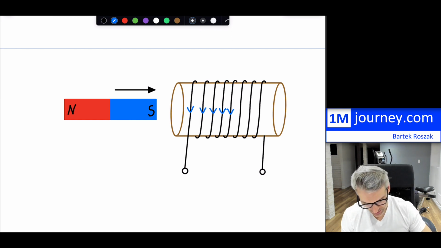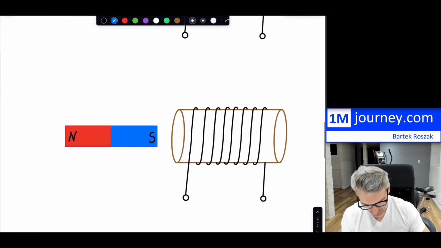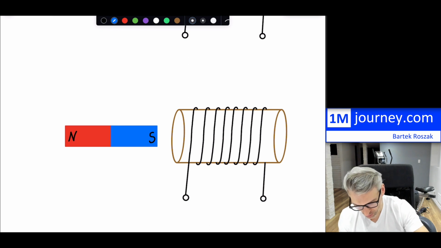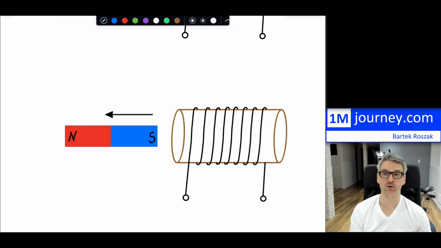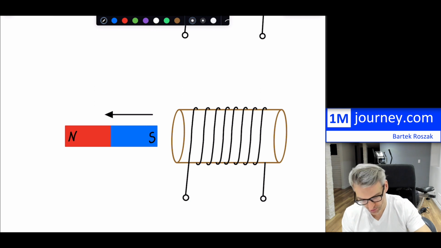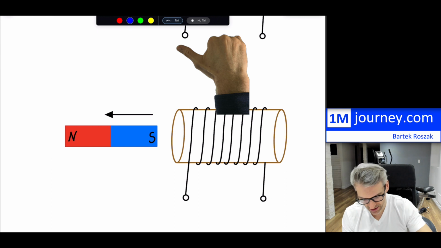Now, on the other side, if you go down in here and you start moving this away, if you want to move this away, you're decreasing the south pole. So that means you want to have the north pole. So on this particular side, you're going to have a north pole within here, which would mean that the current would have to flow in this direction.